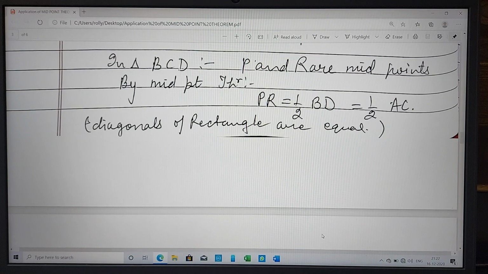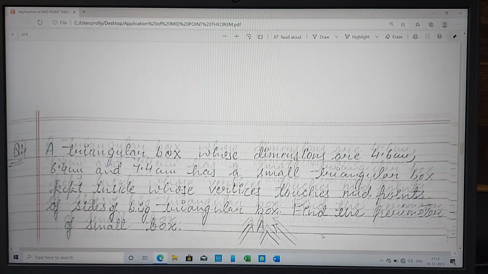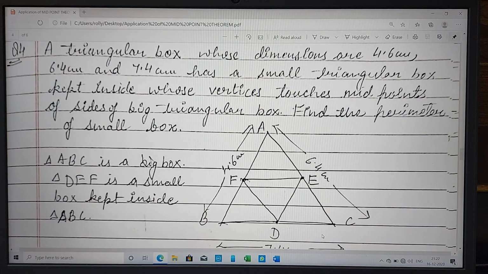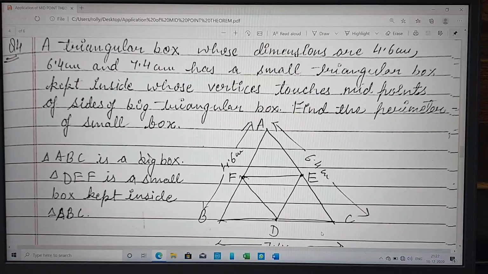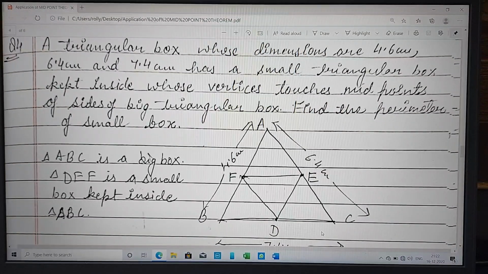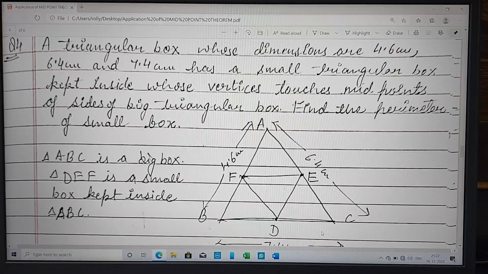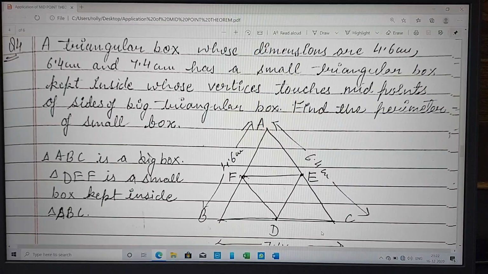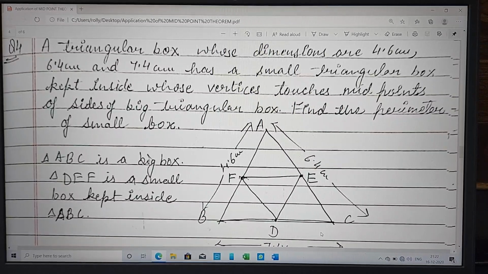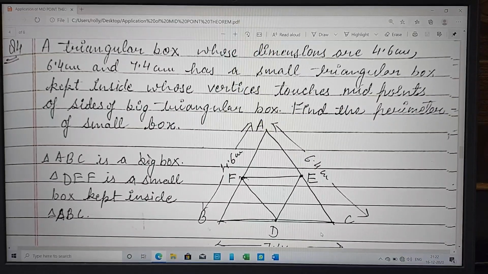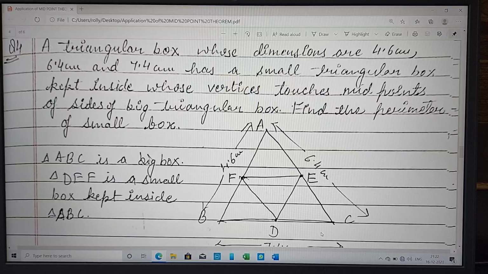Now, moving on to the next question. I'll show you the kind of questions you have already done. I'm just telling you how they can be framed as application-based questions. I have taken a triangular box whose dimensions are 4.6 centimeters, 6.4 and 7.4. All three sides of the triangle have been given.